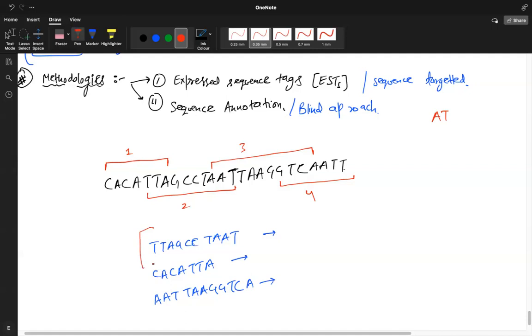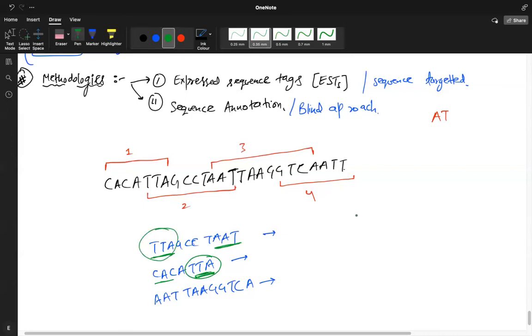Now, look here. When you get this fragment first, you put it in the computer along with these 2 fragments. What the computer will do is look at the ends. It does not care about what's in the center. When it looks at this end, it will see TTA, and here it will look at AAT. Then it will look at sequence 2 and find CAC and TTA. So this has TTA and this has TTA.